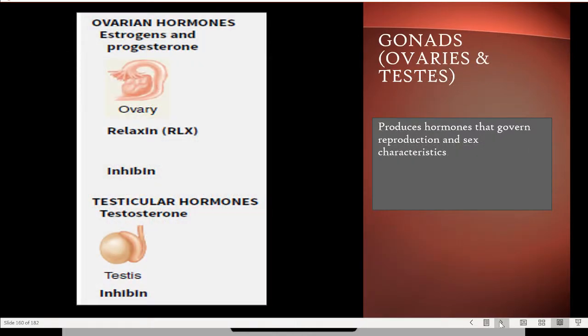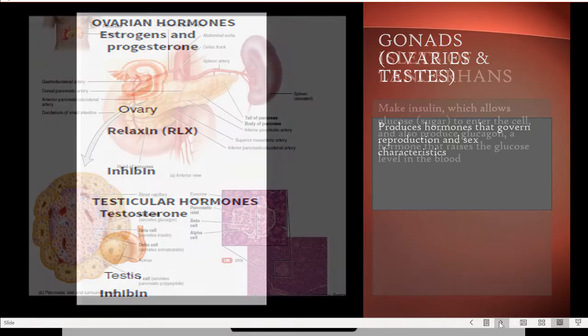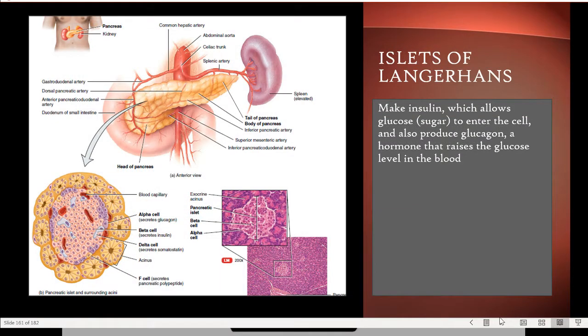Then we have the gonads and the testes, which produce hormones that govern reproduction and sex characteristics. We talked about the islets of Langerhans. When we talk about these, this ganglion of cells is basically what they are, but we associate it with the production of insulin.